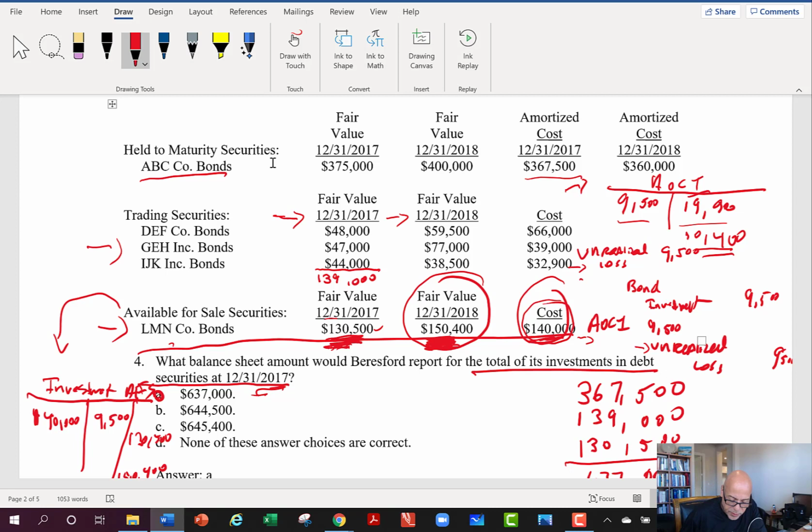So we start to look at these, and I'm just going to put another column in here. This one is up 11.5 for that DEF. This next one has come up 30.